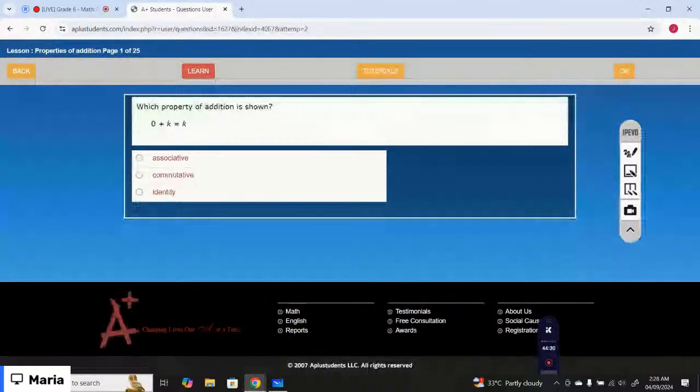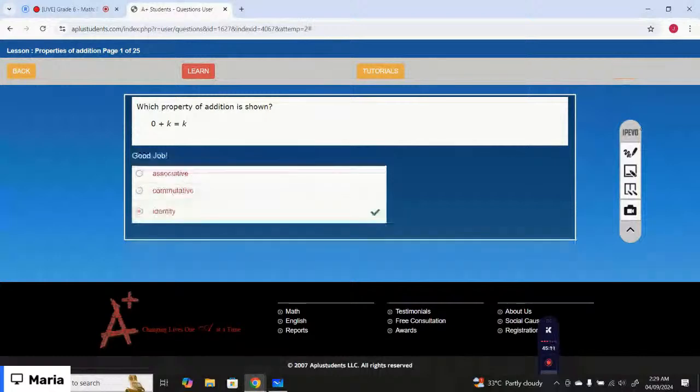Which is the correct option? 0 plus k is k. That is the identity property of addition, right? Whatever number you add to 0, the number stays the same.